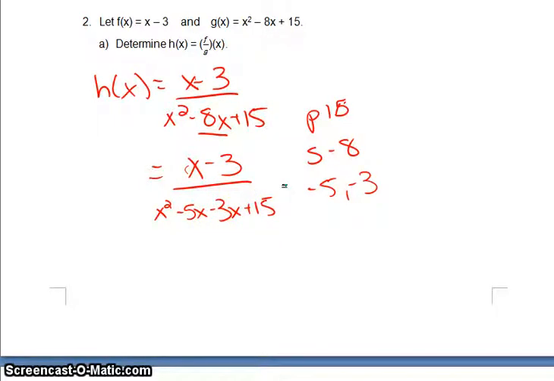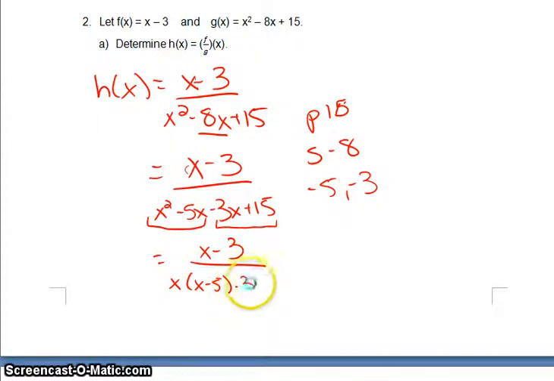Then we can take out the common factor from each of those groups. We'll group the first two terms together. There we have x minus 3 over, take out the common factor of x, so we have x times x minus 5. In the second group we have a common factor, we'll pull out that negative 3 so the leftover brackets look the same.